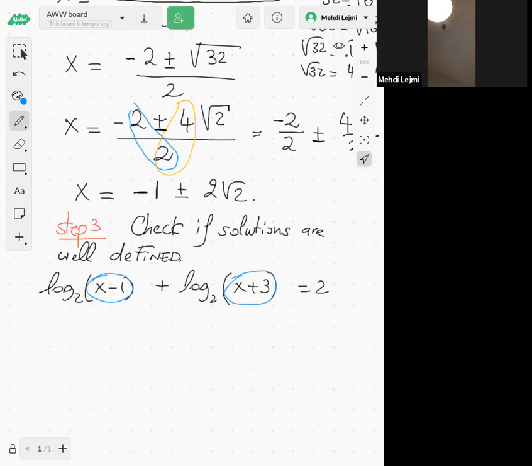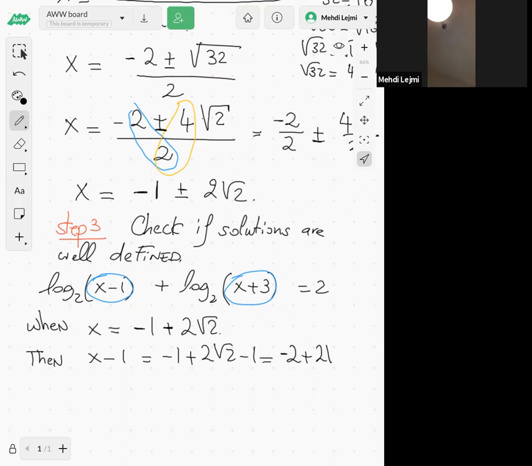So when x is equal to my solution, let's say my first solution is minus 1 plus 2 square root of 2, right? That's my first solution. Then if you subtract 1, x minus 1 would be minus 1 plus 2 square root of 2 minus 1, so that would be equal to minus 2 plus 2 times the square root of 2.